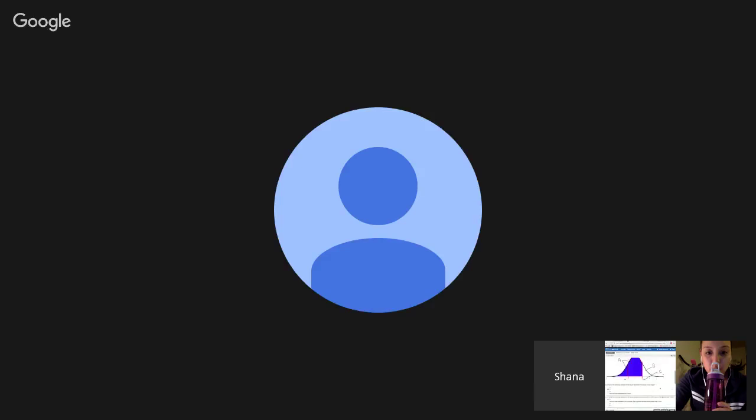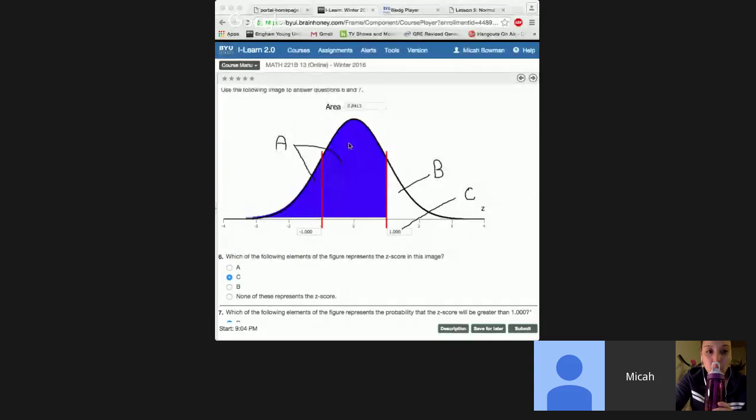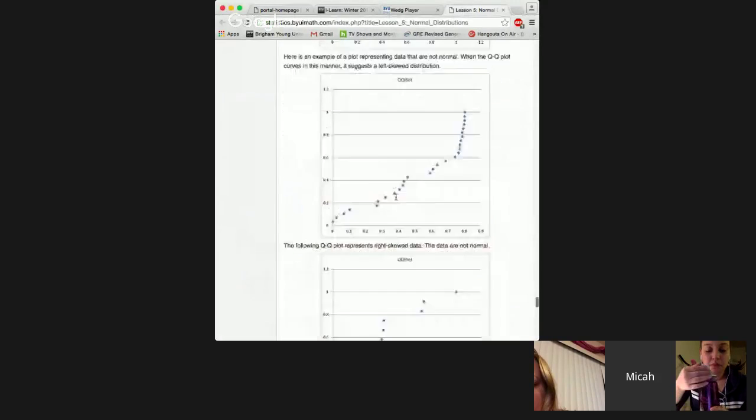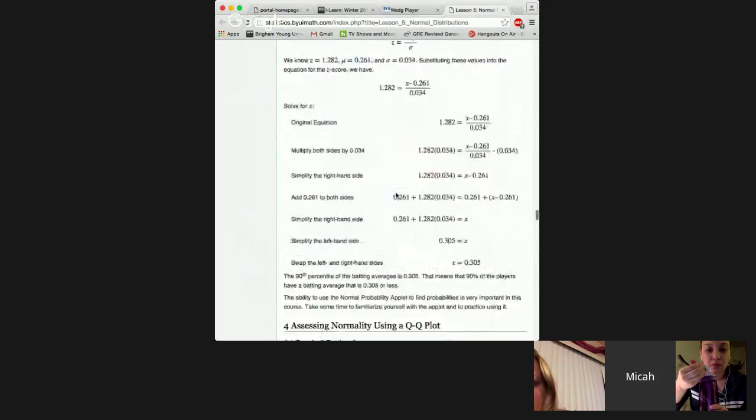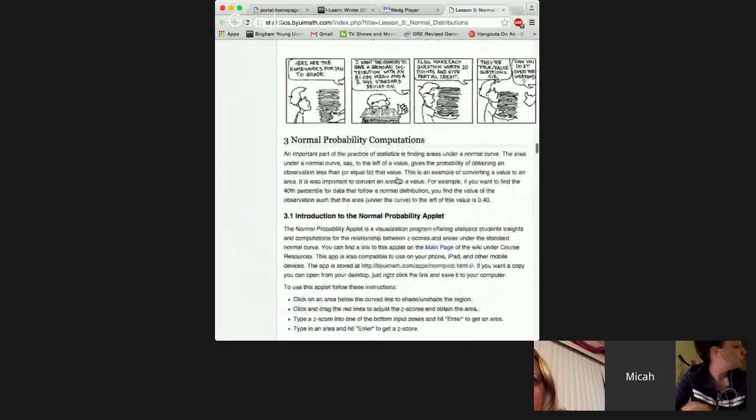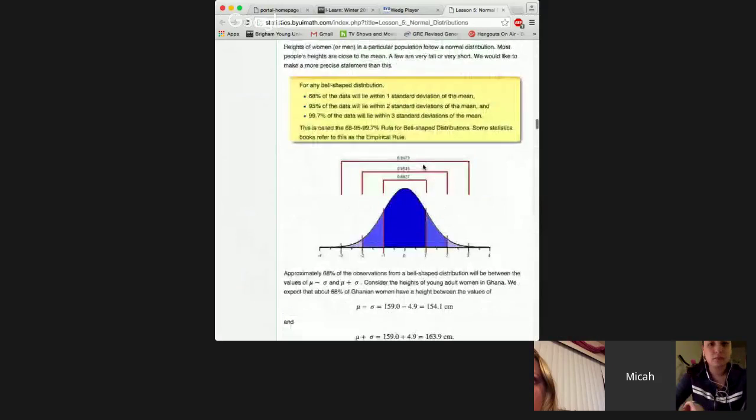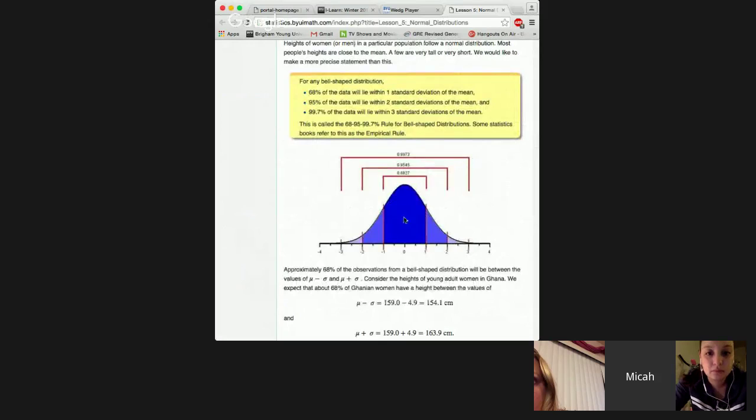So this is like 68% of the curve right here. There's a picture on here somewhere. Oh, okay, right here. See this right here, this is 68%.